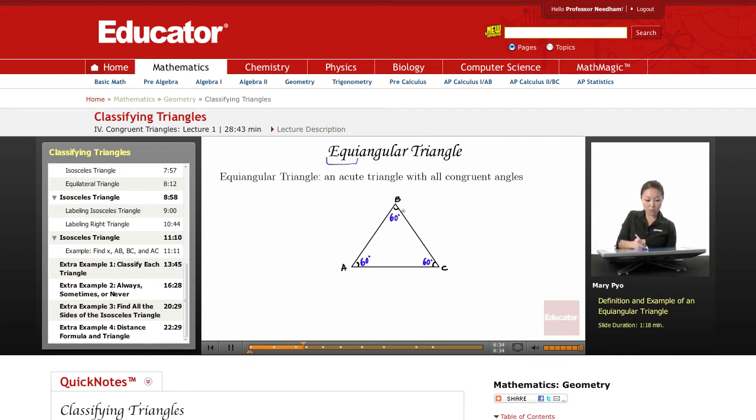So this will be 60, 60, and then 60, okay? And that is an equiangular triangle. And of course, an equiangular triangle is an acute triangle because 60 degrees is an acute angle. All three angles are acute, right? Okay, so equiangular triangle, all angles are congruent. They all measure 60 degrees.